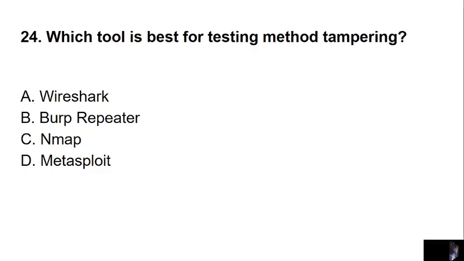Question number 24. Which tool is best for testing method tampering? You want to test whether your web application is vulnerable to method tampering. What tool will you use? Wireshark, Burp Repeater, Nmap, Metasploit.